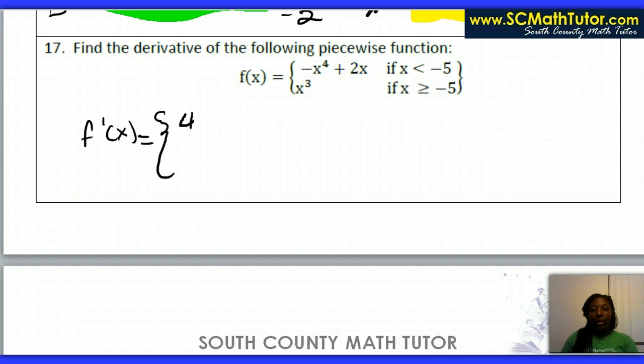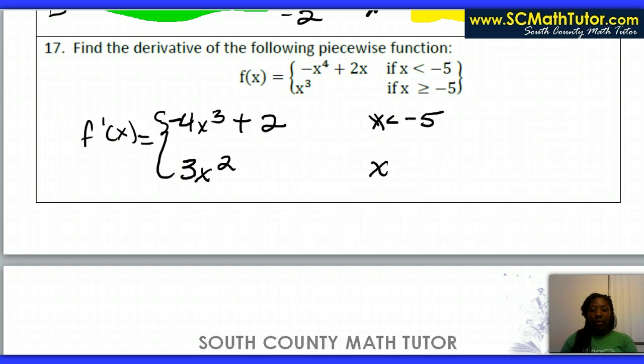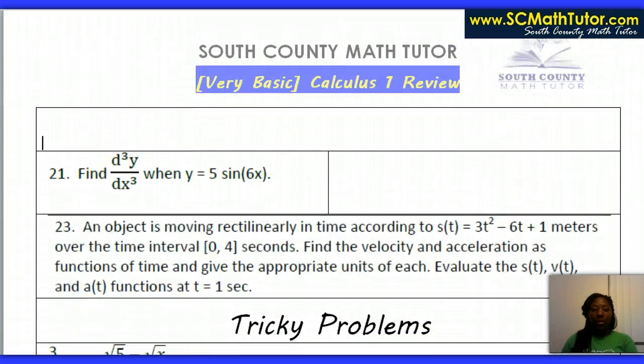So this is 4x cubed plus 2 for x less than negative 5, and it is 3x squared for x greater than or equal to negative 5. Moving on. Okay, please know this notation.